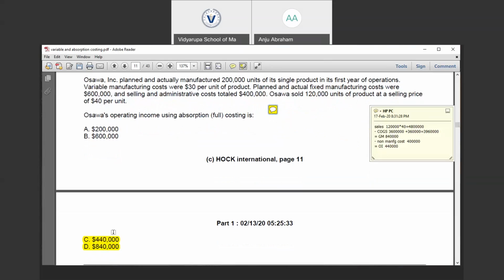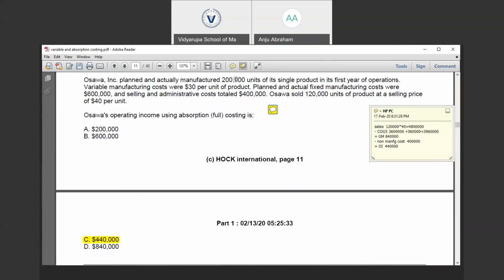So are you clear? Are you clear with the computation? I took the 60,000 as fixed manufacturing cost. We know that the manufacturing cost is for the entire 200,000 units of production.